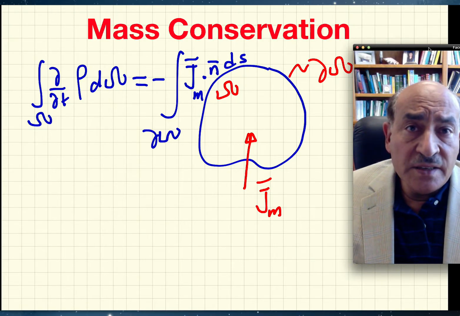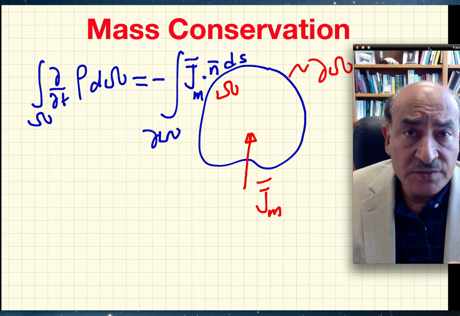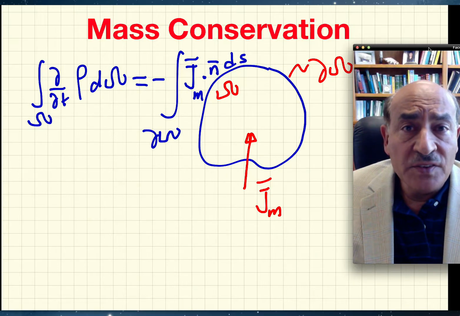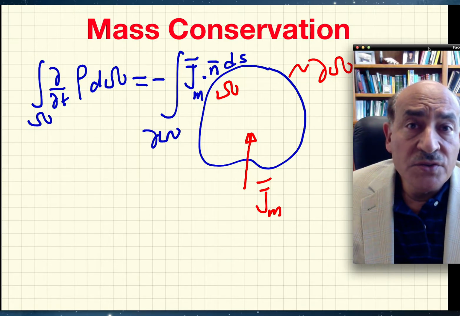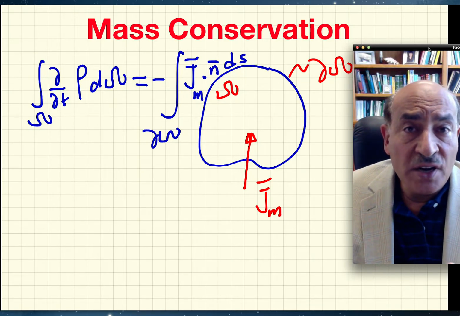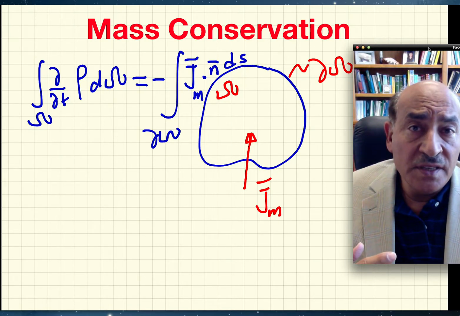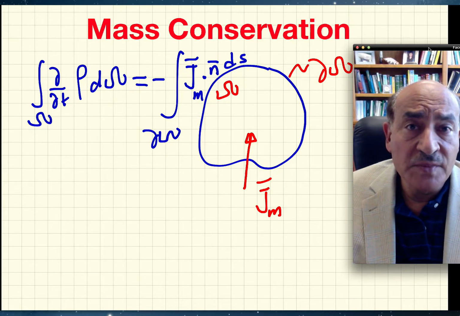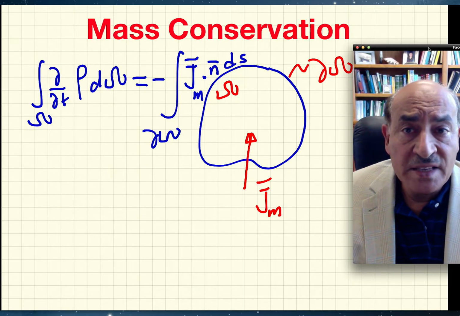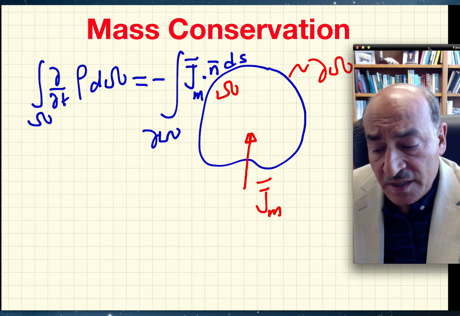Now we can see the value of Gauss's theorem, because I have a surface flux for the matter that is going out, and I have a volume integral to determine the entire mass and its change with respect to time. So for me to actually talk in the same terms, I'm going to have to convert the surface integral to a volume integral, and that introduces the divergence of the mass flux. So I'll have the following.